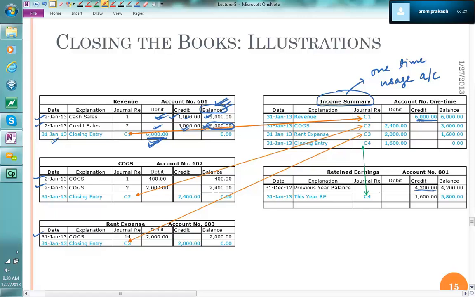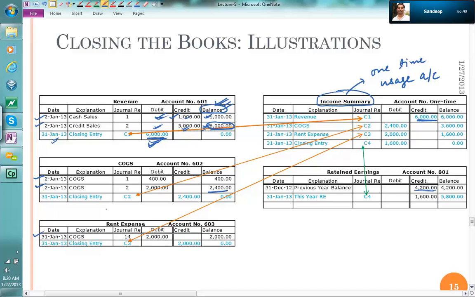Yes. Similarly, Sandeep, you tell me, COGS expense, is it a debit balance account or credit balance account? COGS is a debit balance. And what is the balance at the end of the January month? 2,400. Yes, and we want to make it zero.